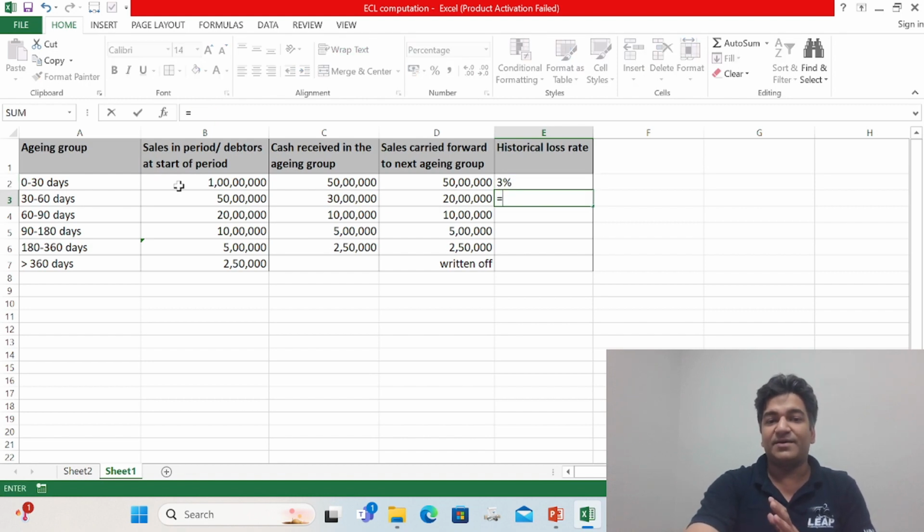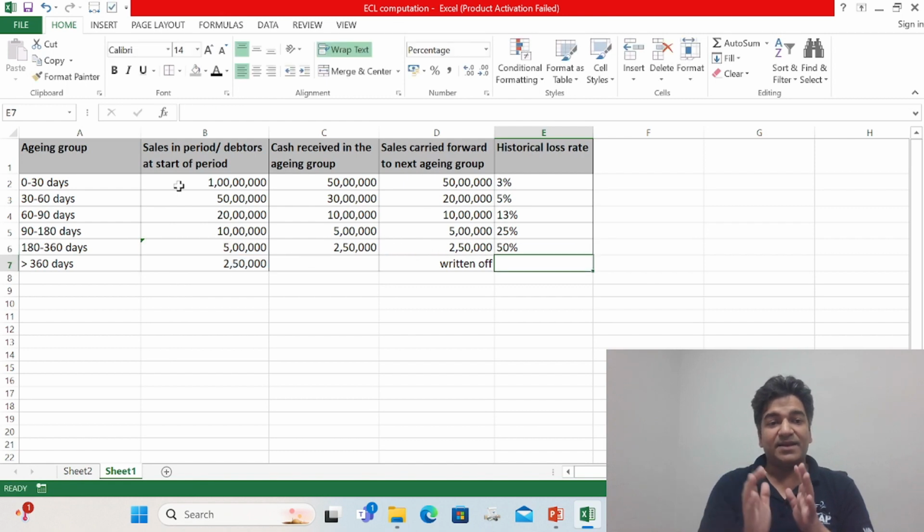Similarly, we can compute the percentages for all the buckets. It is 5%, and then it will be 13%, and then it will be 25%, and then it will be 50%. And now above 360 days, because this amount has been written off, 100% provision will be required.